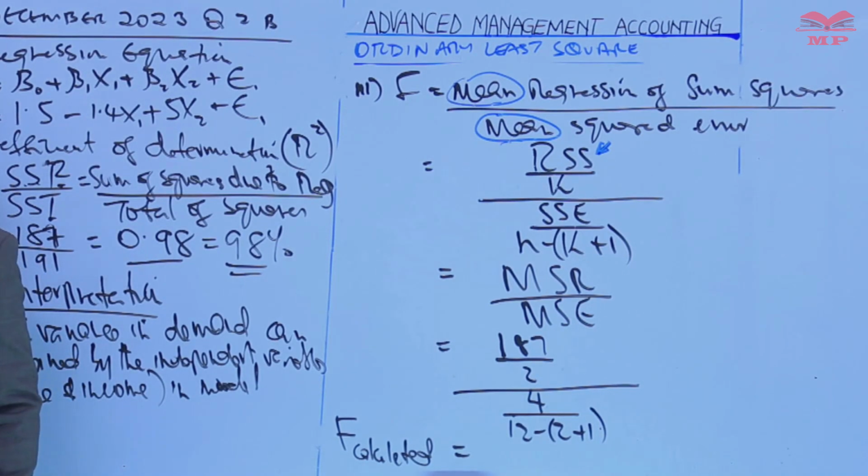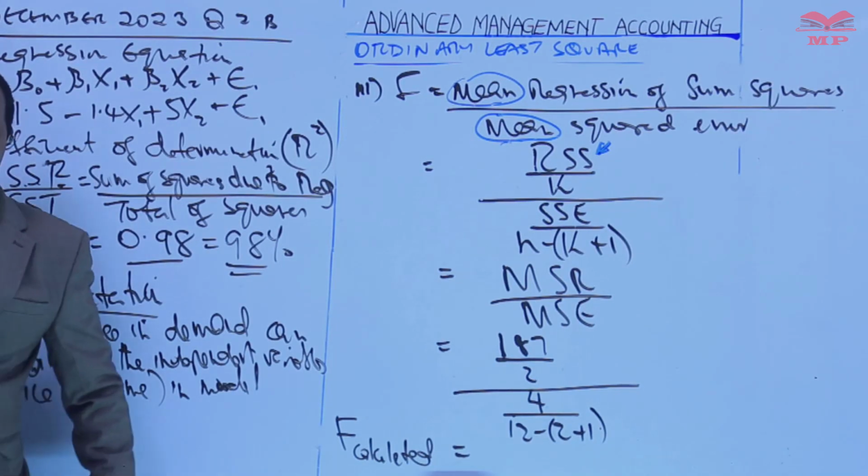Is it greater than 11.56, the F table? Give me the F calculated. Johnny says 210.375.